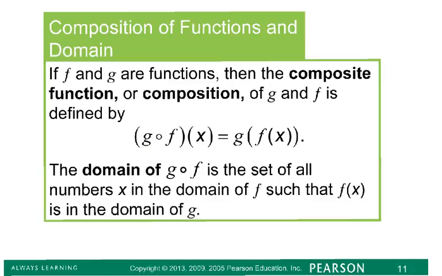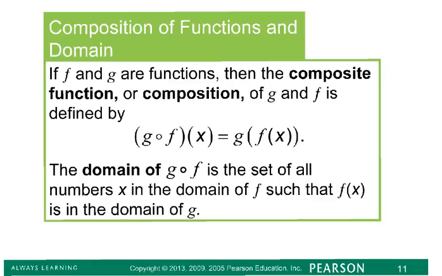And g of f of x, that's how you read this right here, is equal to this, g of f of x. So our function that is right here is going to be the inside function of the outside function. Okay, we're combining two functions together, putting one inside the other.